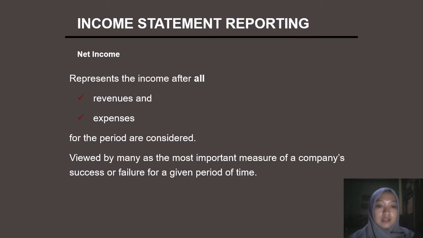Expense is an outflow of money or any form of fortune in general to another person or group to pay for an item or service or for a category of cost. Net income for the period is viewed by many as the most important measure of a company's success or failure at a given time.